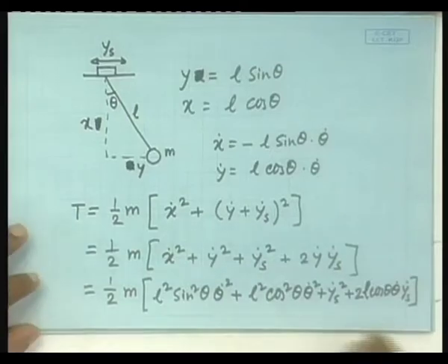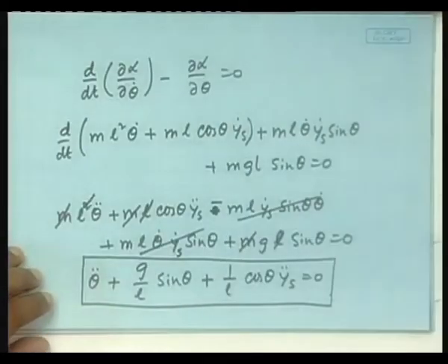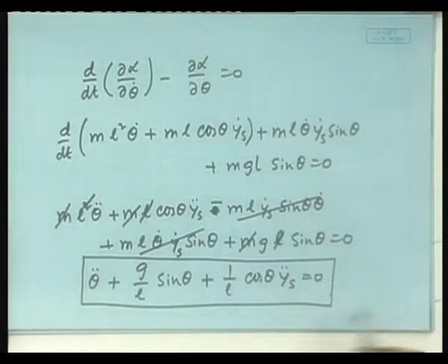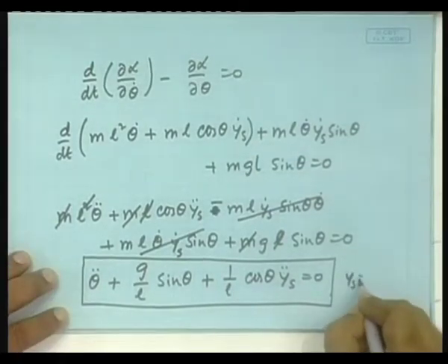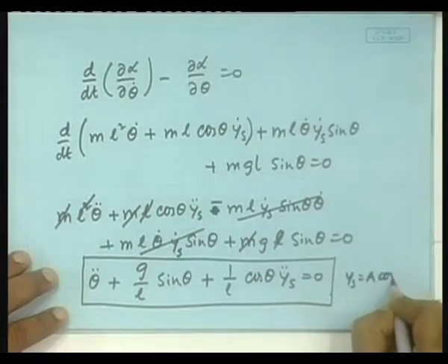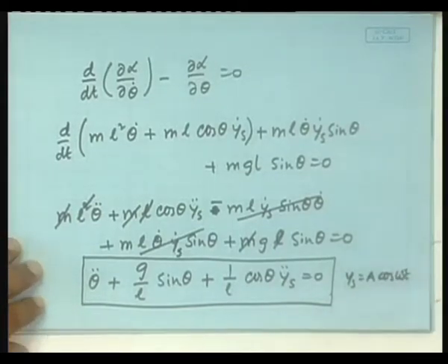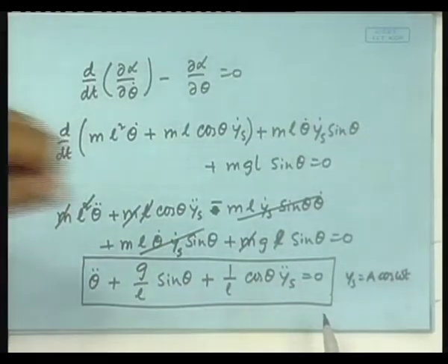Fine. So in this case, as I told you, in case ys is a sinusoidal function, say ys is equal to a cos omega t. Can you see? Yes. In that case, what is the equation? Write down yourself, because the most logical way of moving this fellow would be a sinusoidal oscillation.